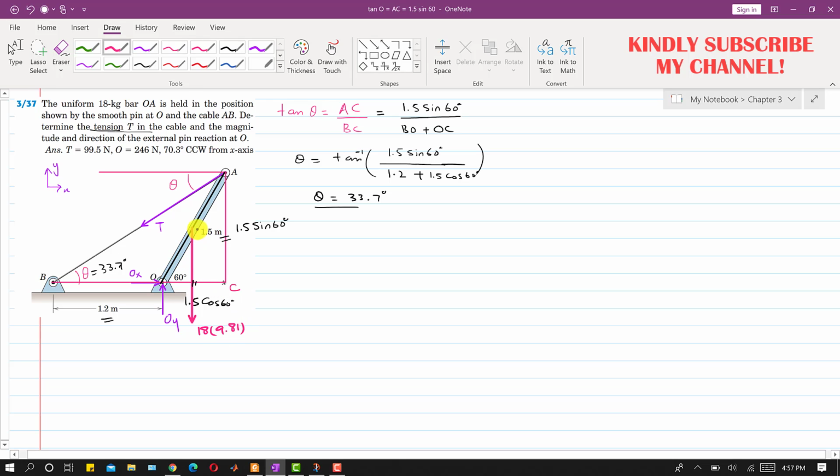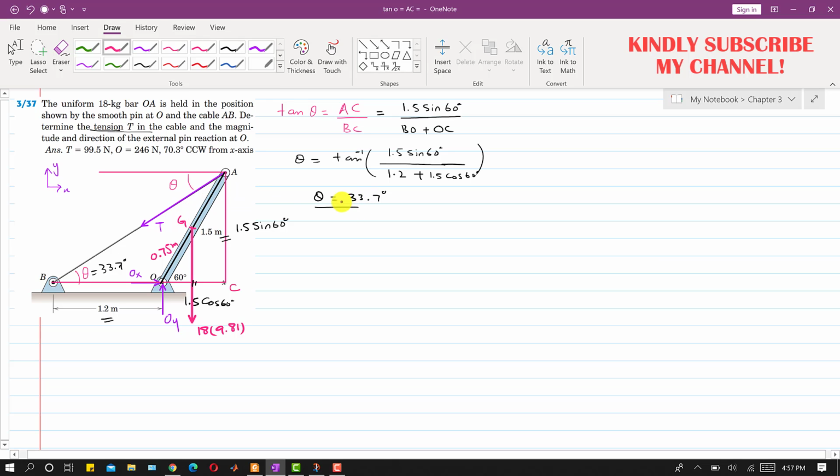Let's say that this is the point G, the point of application of this weight, the center of gravity of this OA. So this OG distance will be 1.5 divided by 2, so this will be 0.75 meters, and similarly this GA distance will again be 0.75 meters.